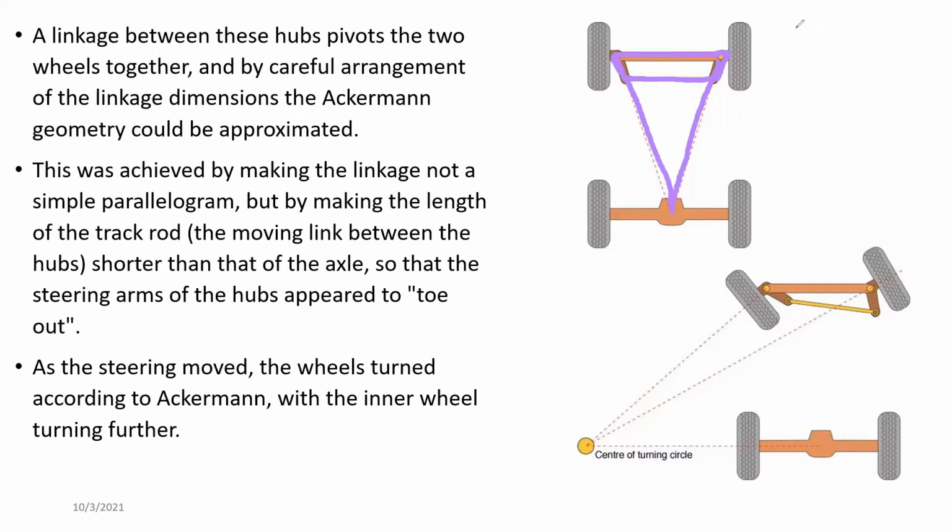When we fix the steering system into this arrangement, that's the Ackermann steering geometry. When we fix it to the Ackermann geometry, both wheels, as shown in the second image, are turning on one center line.